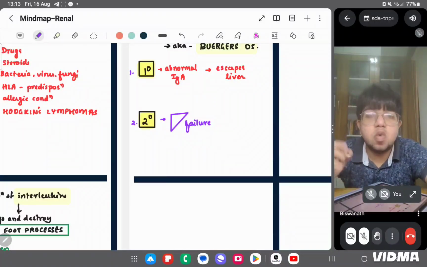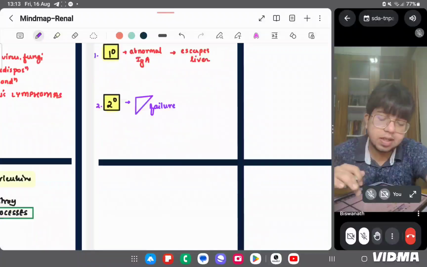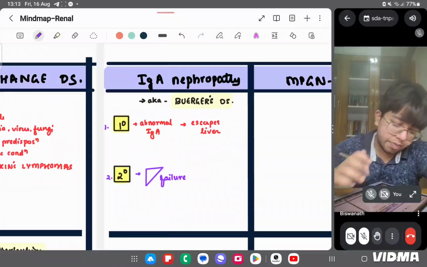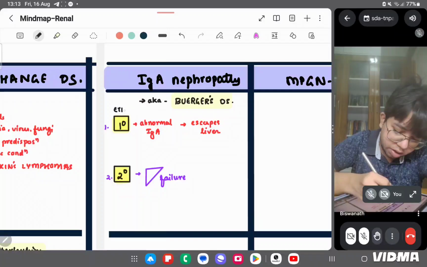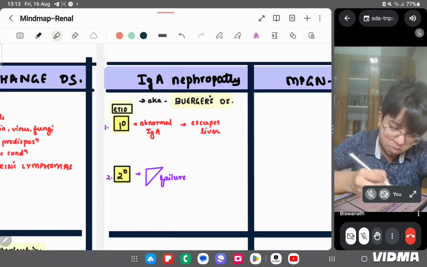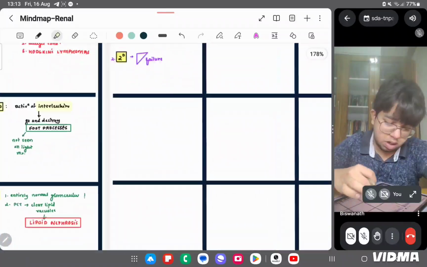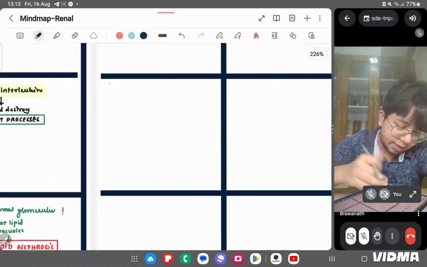So what is happening basically in the pathogenesis? We'll see in the pathogenesis column. Did I write etiology here? No. Then come to pathogenesis.